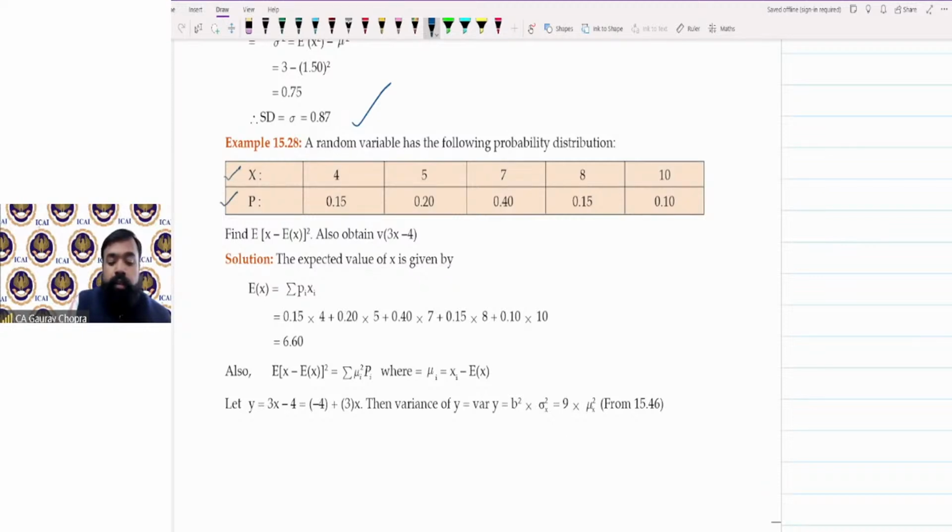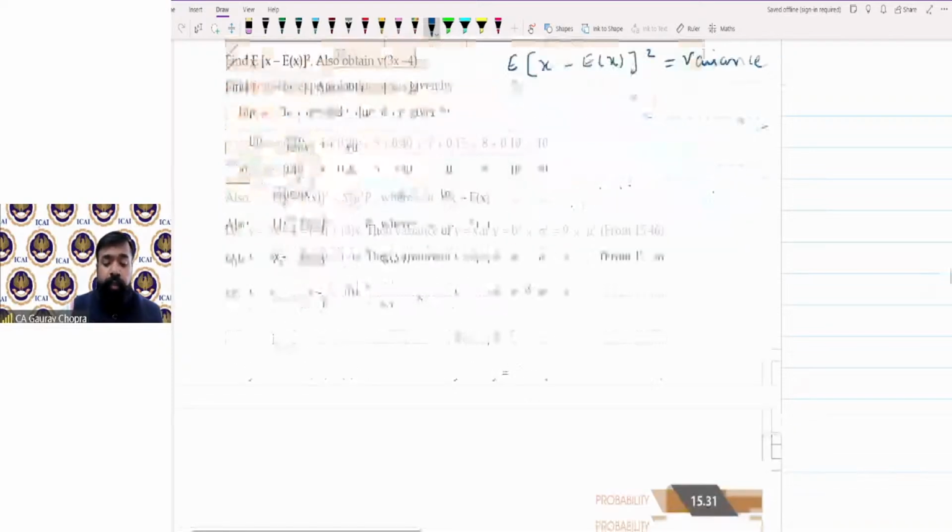So we require expected value E of x minus E of x whole square. This is another way of writing variance, so this is nothing but variance. And also we have to obtain variance of 3x minus 4. So let's simplify these two and get the result.